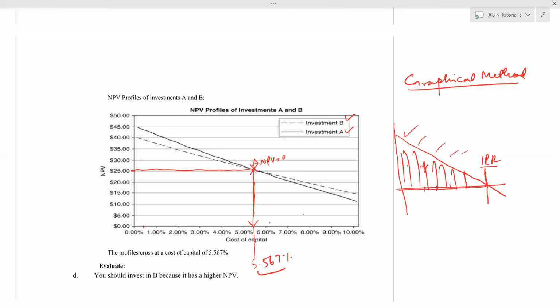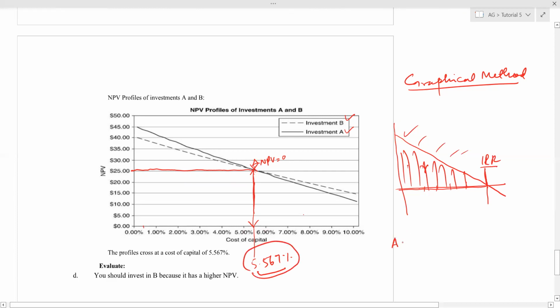Now, 5.567%. In this question the cost of capital is 11%, but assume that your actual cost of capital is 3%. So 5.567% is the rate.